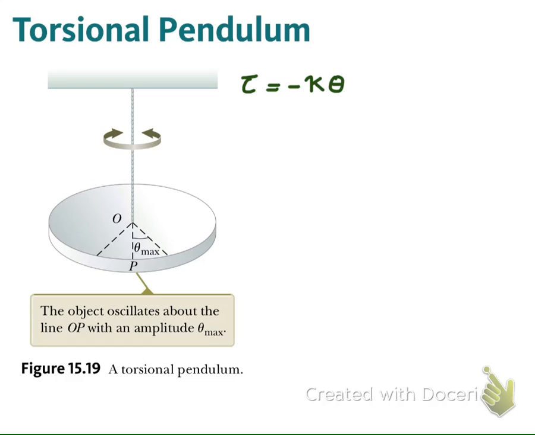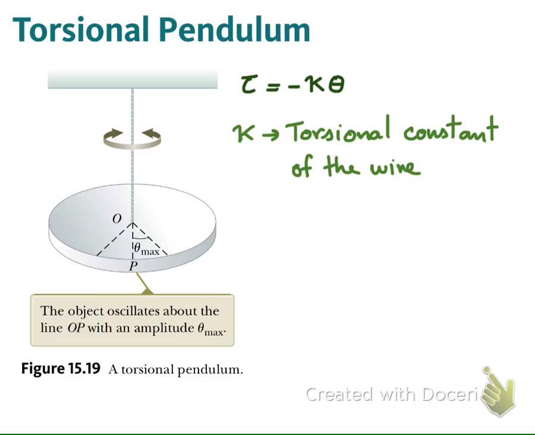Here theta is the angle that we twist the wire, and kappa is the torsional constant of the support wire.